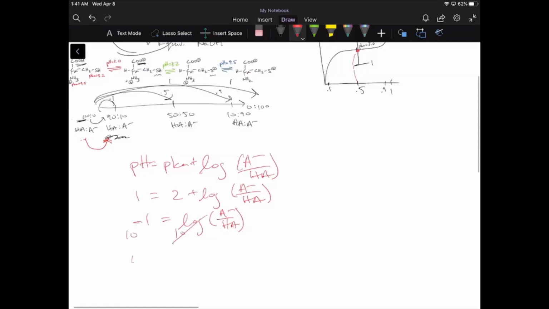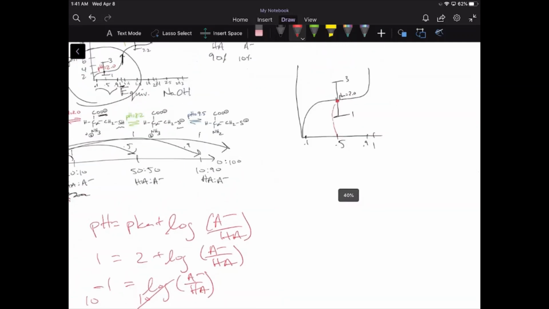So 10 to the power of negative 1 is the same thing as 1 over 10, A minus over HA. So notice how I got that 1 to 10 ratio when I am 1 unit under my pKa, which is the same thing as when I add 0.1 of an equivalent. So effectively, and this is the connection here, the lower end of my buffering region corresponds to 0.1 equivalents, okay?